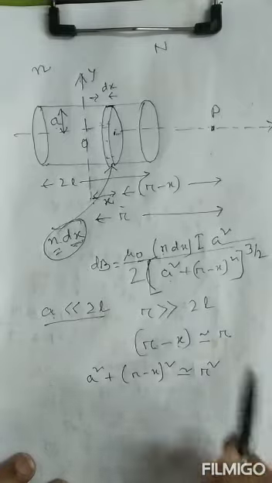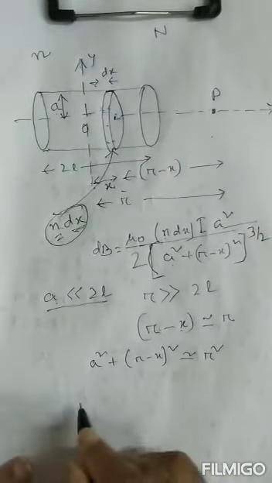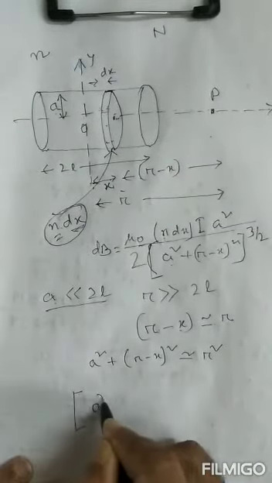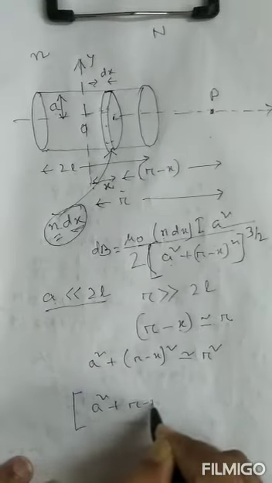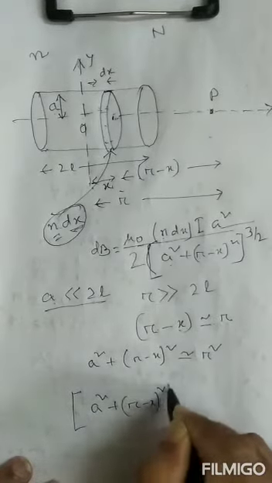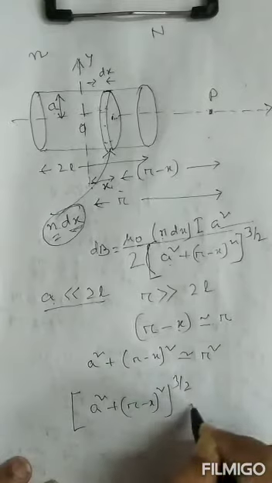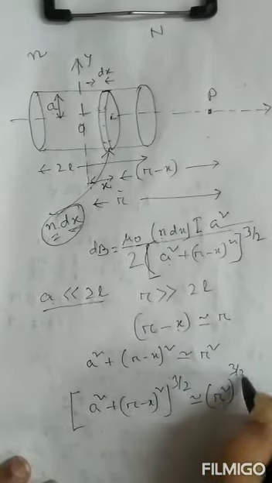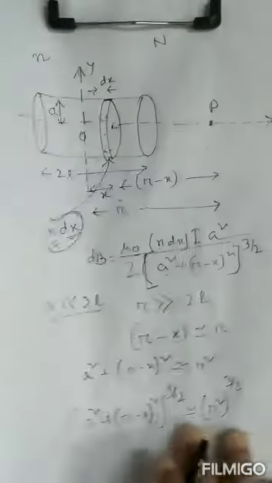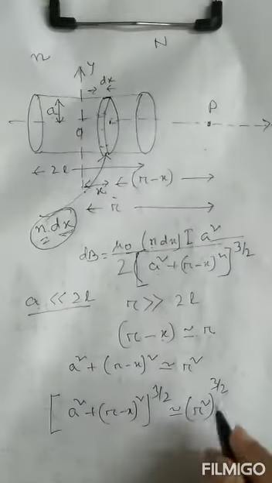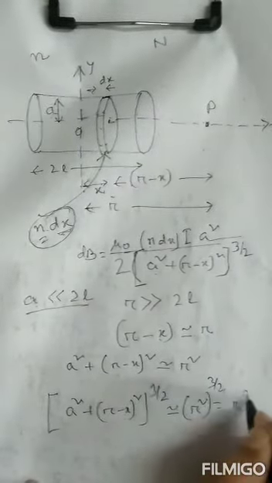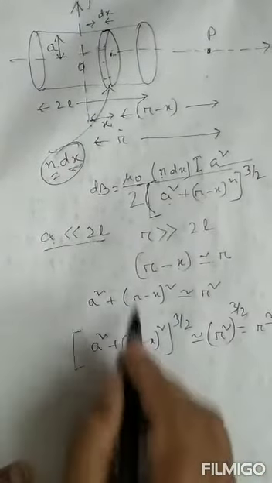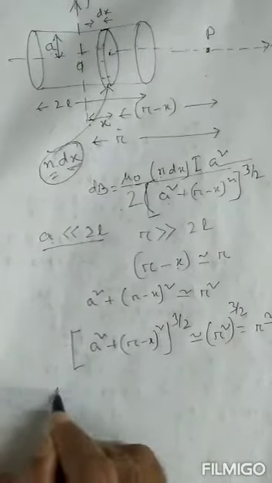Therefore, R minus X is equivalent to R. So under that situation, A square plus R minus X whole square, whole to the power 3 by 2, is equivalent to R square whole to the power 3 by 2, which is equal to R cube. Is it clear? So if that is the case, what is the value of dB?